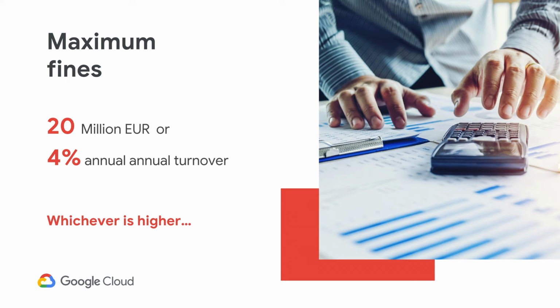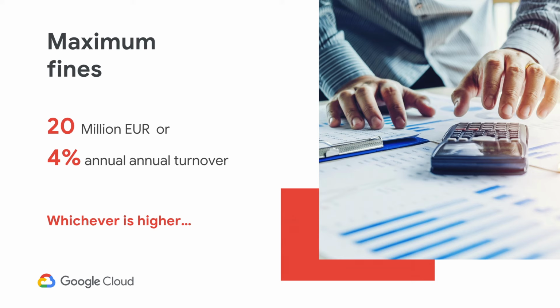The GDPR gives examples of the scenarios and the types of infringements for which these maximum fines can be imposed. And these are related to the data protection principles I mentioned at the beginning, data subject rights, or the international data transfer mechanisms.